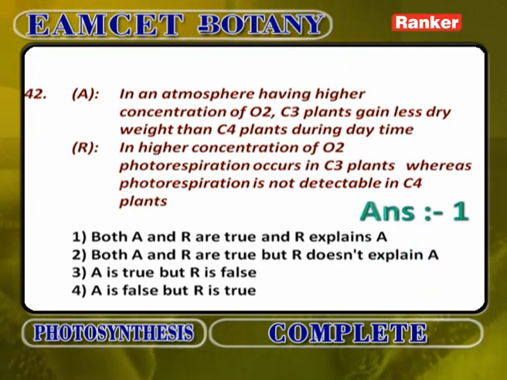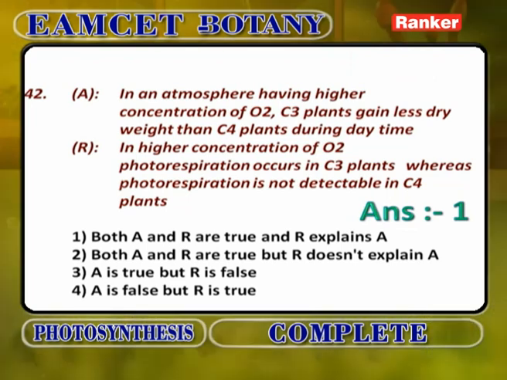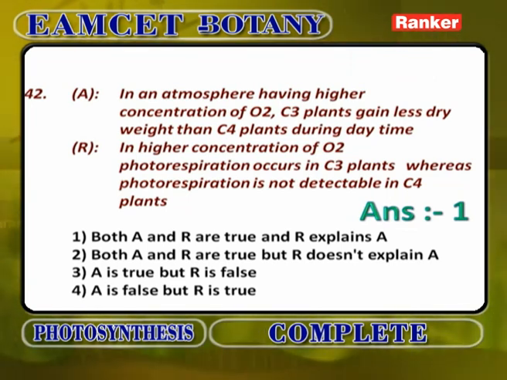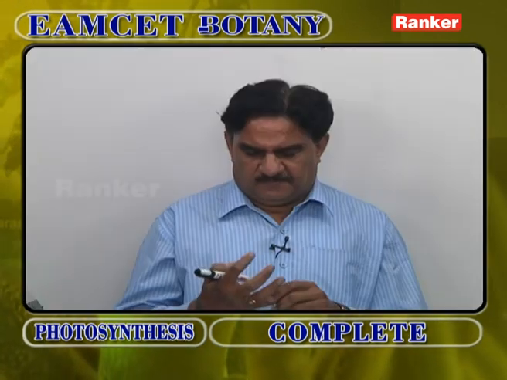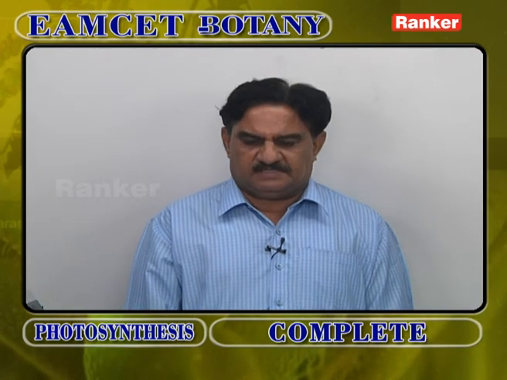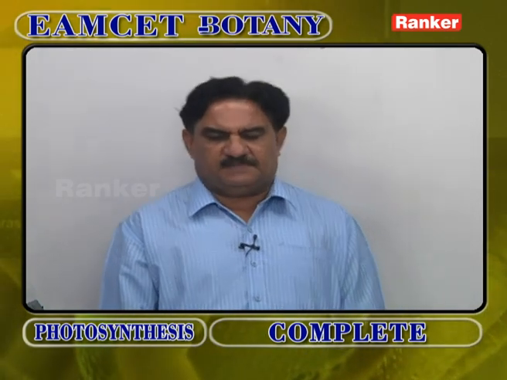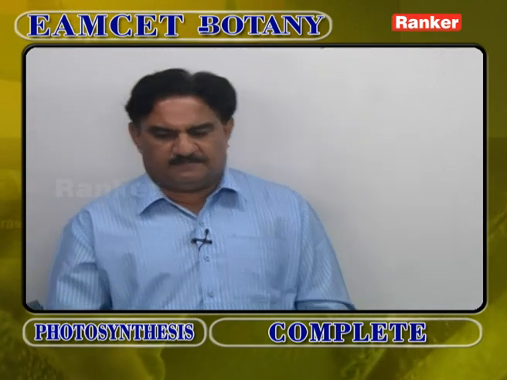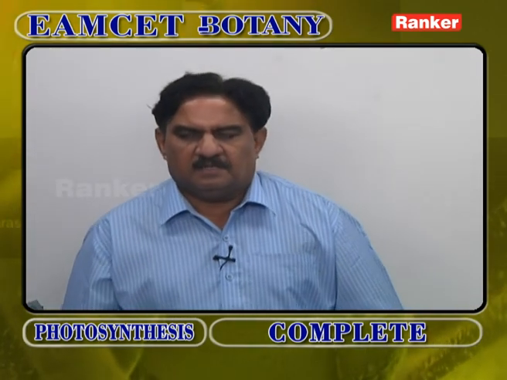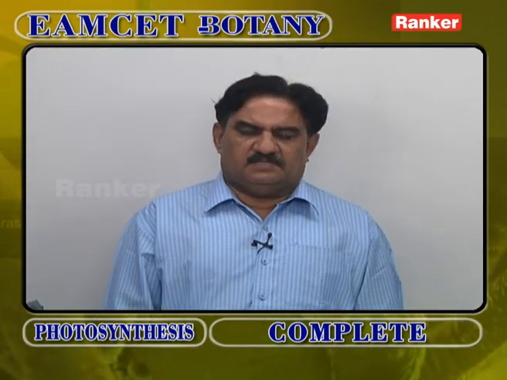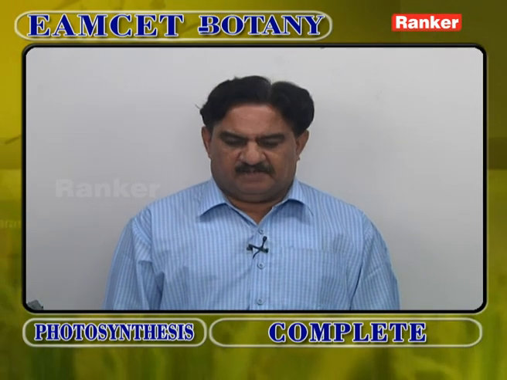This is another assertion-reason question. In an atmosphere having higher concentration of oxygen, C3 plants gain less dry weight than C4 plants during daytime. This is regarding photorespiration. In C4 plants photorespiration is not detectable, in C3 plants maximum photorespiration occurs. When oxygen is more, the C3 plant takes more oxygen, and definitely there is less dry weight in C3 plants.